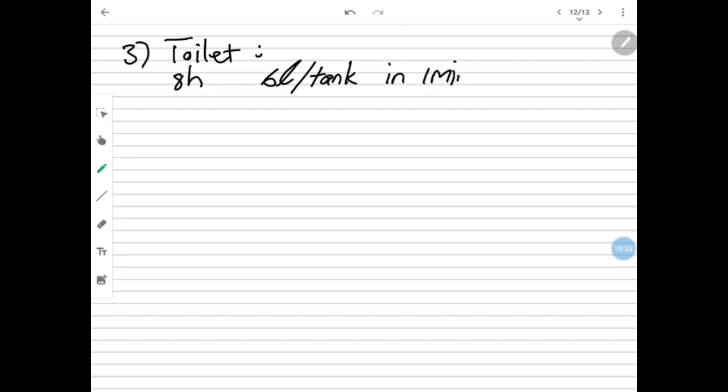So how many liters went to waste that day? That's the question. You can write that down as well. How many liters went to waste in 8 hours if there's 6 liters per minute?